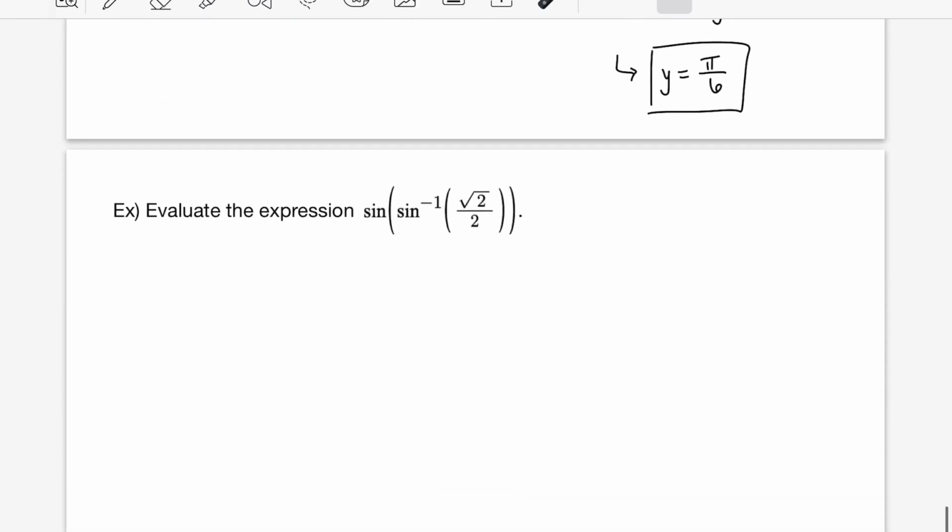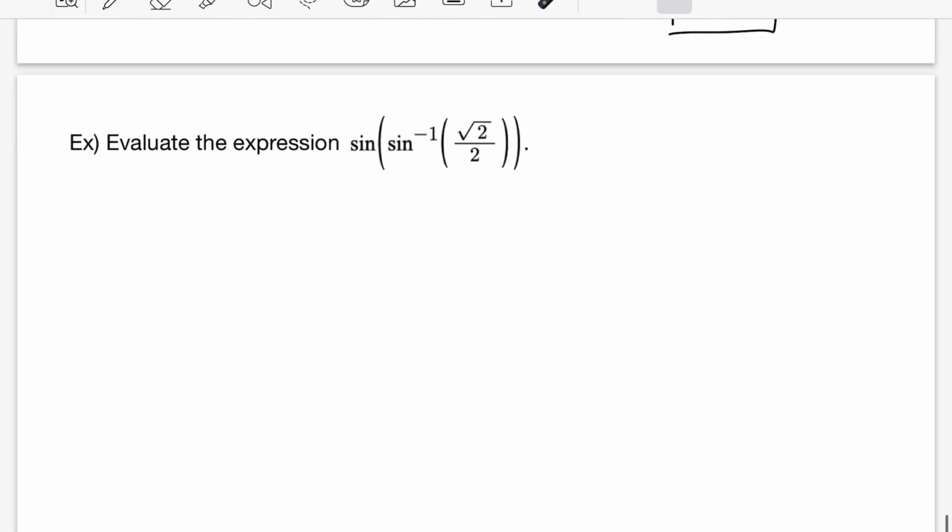Okay, so the last example we're going to look at is this one here. We want to evaluate this expression. So the first thing that we're going to do is evaluate what's on the inside here. What's on the inside is going to be called y, and so y is going to be equal to sine inverse of root 2 over 2.